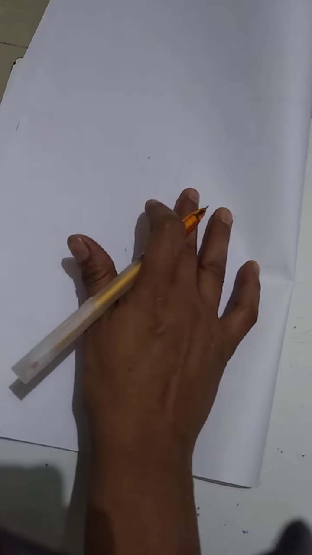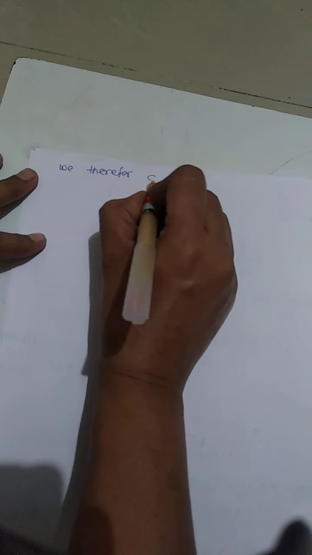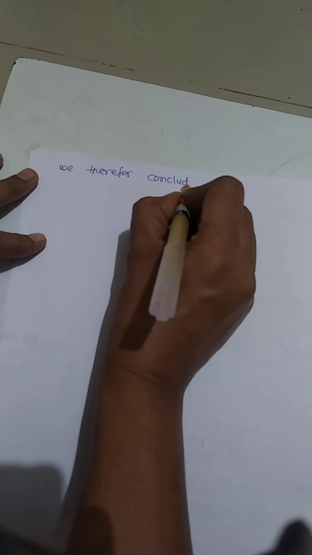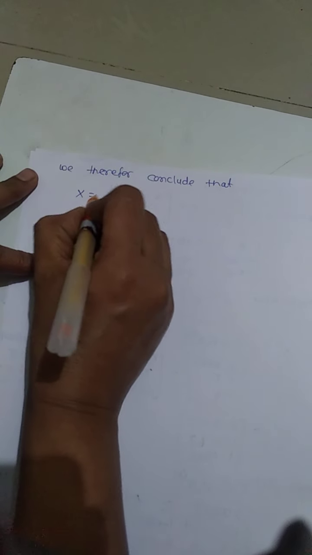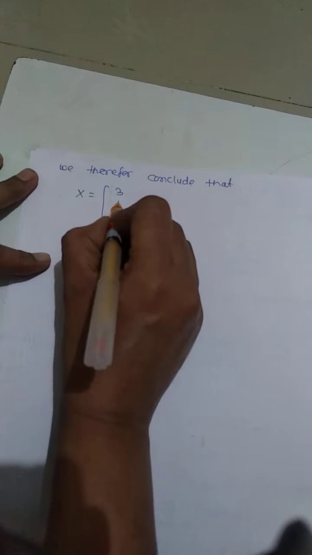Means the same procedure is used up to x of 9, and we get this x of 9 matrix, and we therefore conclude that x is equal to 3, 1, 1.